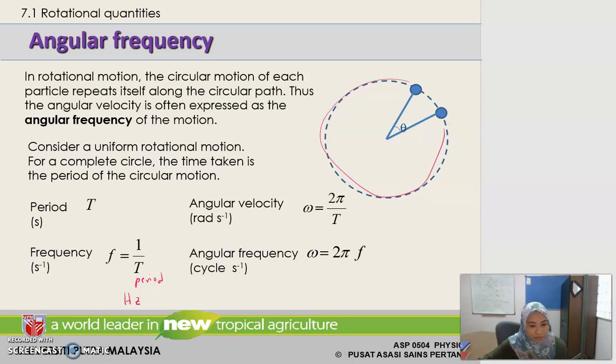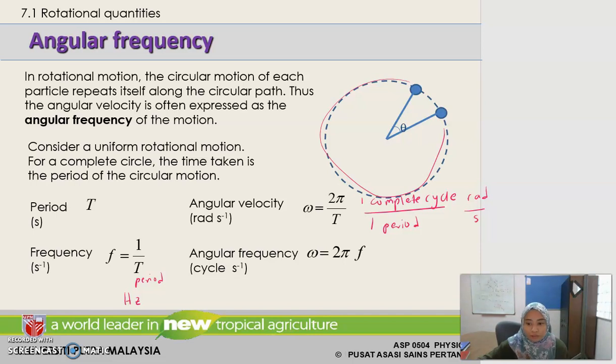And the SI unit is per second or hertz. We have angular velocity, which describes 2 pi over t, which is 1 complete cycle over 1 period. That is why it's 2 pi over t. How long does it take to complete 1 cycle? That is omega. Okay, and this is in radians per second.